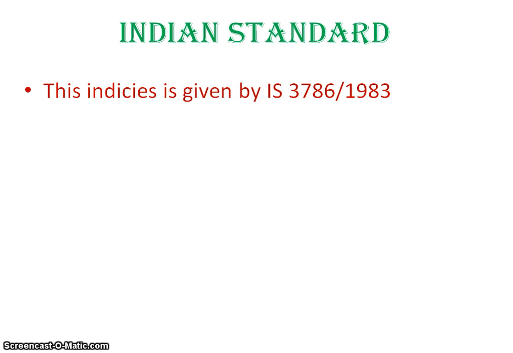Next is Indian standards. These indices we have seen so far, the frequency rate, severity rate, incident rate, the safety T-score, and the performance and other things, are given in Indian Standard 3786, framed in the year 1983.